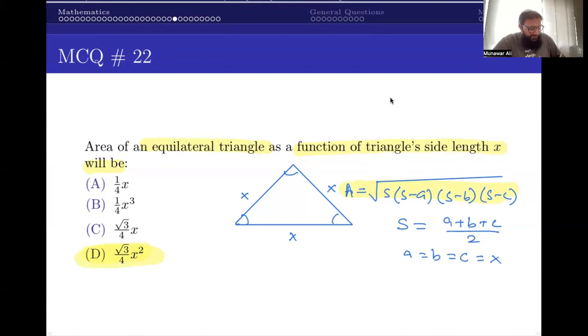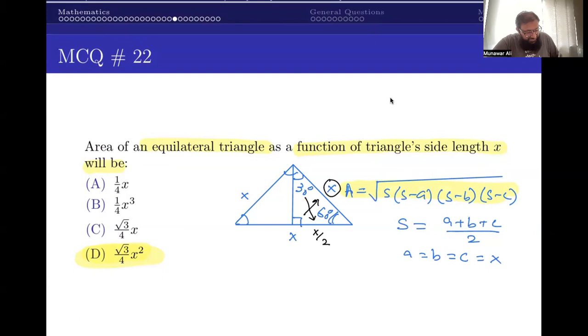Or what we can do, I can draw an altitude here with this angle to be 90 degrees. Obviously, this angle is 60 degrees. It means this angle is going to be 30 degrees. So this is a 30, 60, 90 triangle. In this triangle, we know that if the side opposite to the angle of 90 degrees is x, then the side opposite to 30 degrees is x by 2, or half of that. And the side opposite to 60 degrees is the side opposite to 30 degrees times square root of 3.